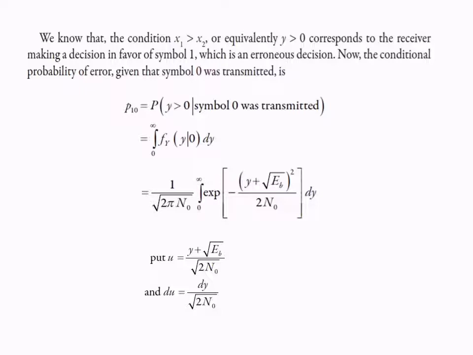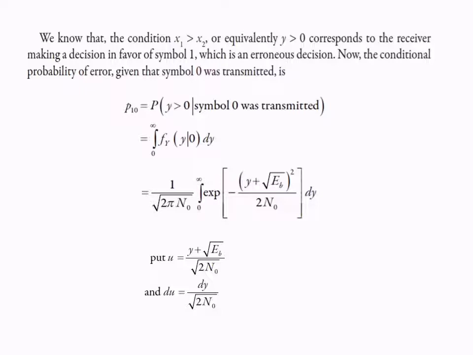Now we need to write the value of f_Y(y given 0), which is the conditional probability density function we saw in the previous slide. So we substitute it, and that is 1 by root of 2 pi N0, integration from 0 to infinity of e raised to minus (y plus root of EB) whole square divided by 2 N0 dy.